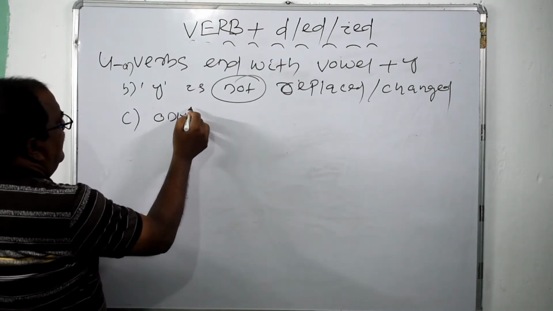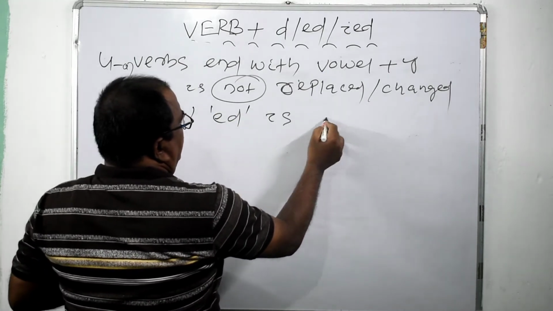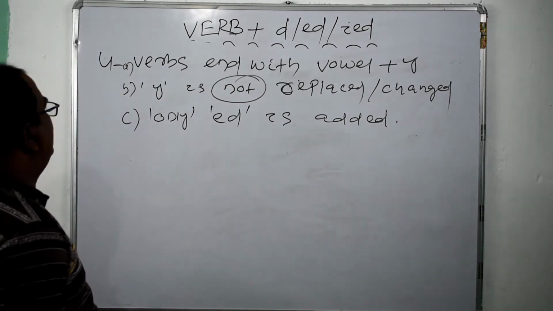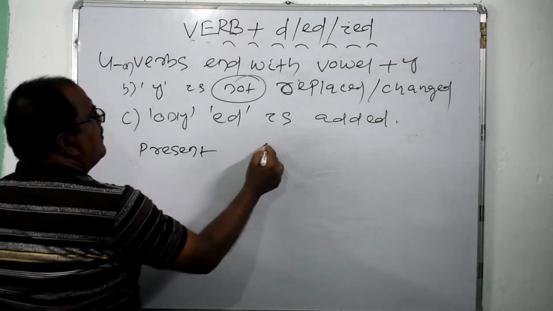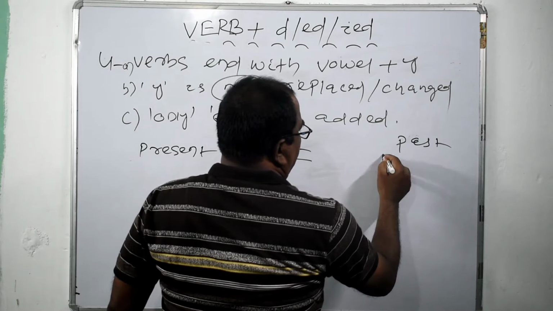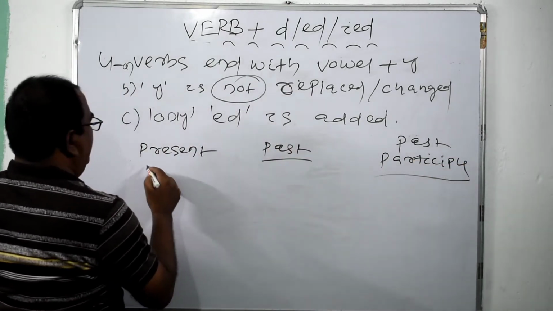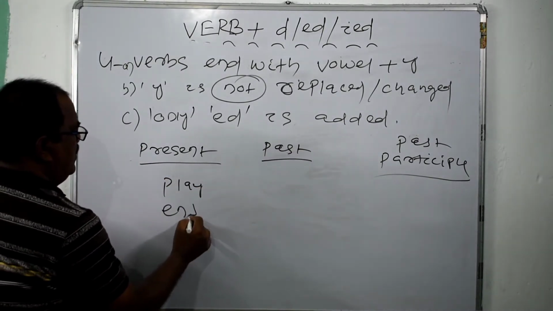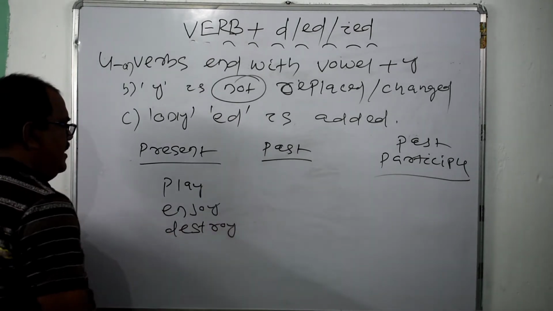Only ed is added. We can take the examples of such verbs: present, past, past participle. Play, enjoy, destroy.